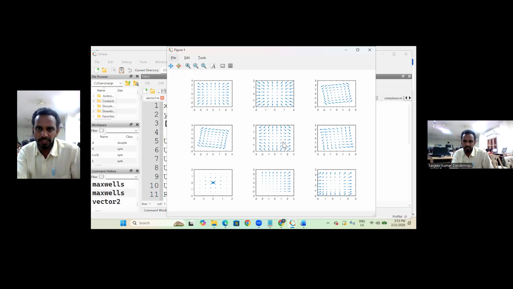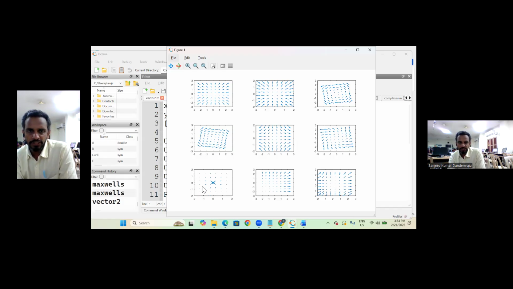Next one is saddle field. It looks like around a point the field is moving in all the four directions. And this one is spiral field.